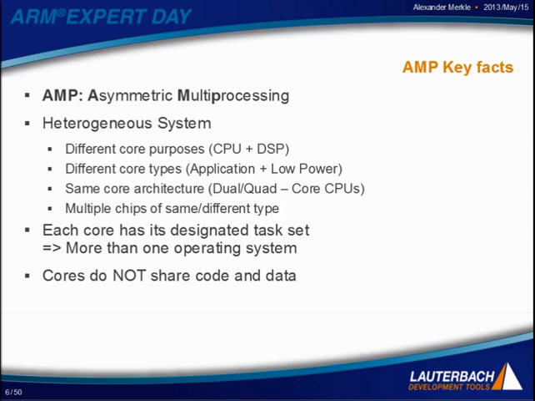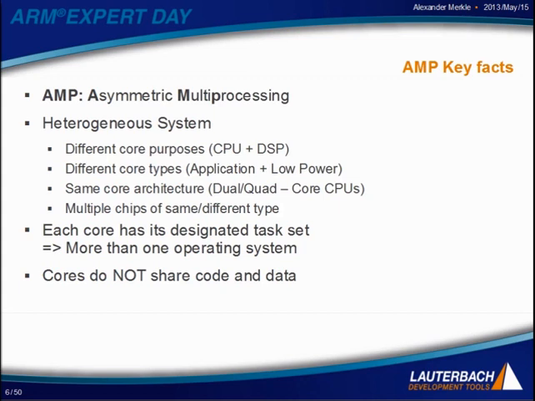What arises from this is that the CPUs don't need to be instruction compatible, so they don't share their code and data. This is specific to an AMP system. Each core of an AMP system has its designated task set, which means we have two operating systems that are not coupled together. One operating system only knows about its own cores, and the other operating system does not know about the other.